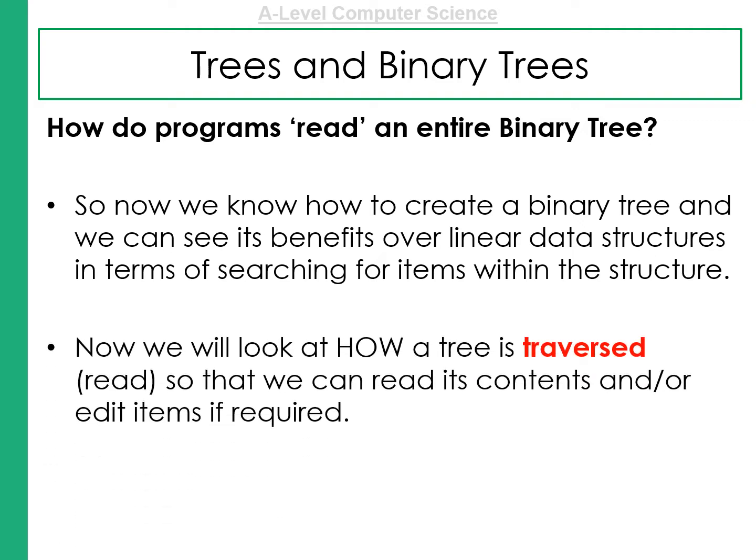So now we've thought about how do we actually get items into a binary tree, we can think about reading items from a binary tree. And as we said before, it's quite efficient to search. To search through a tree, we call it a traversal, or to read.